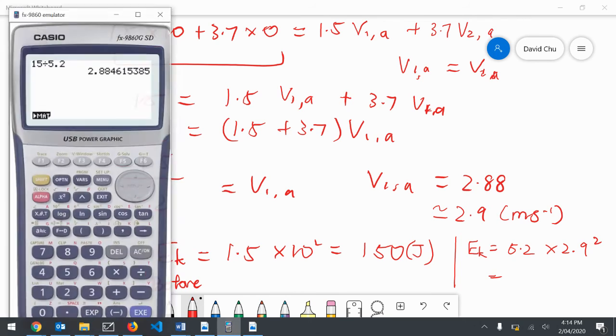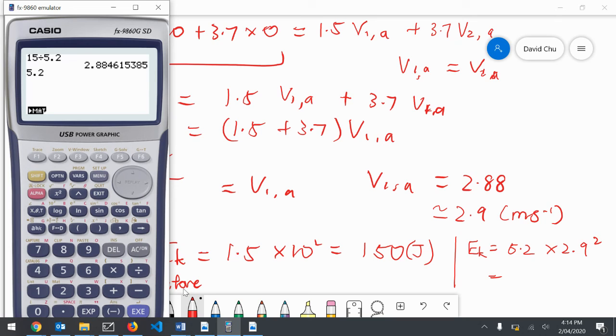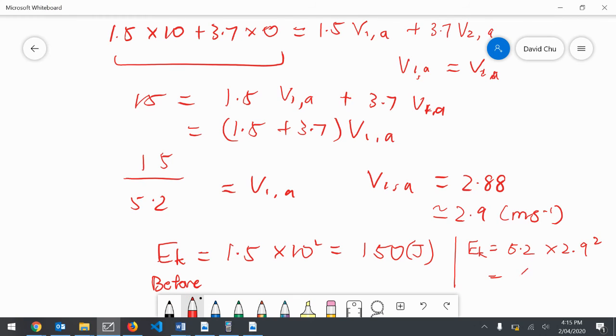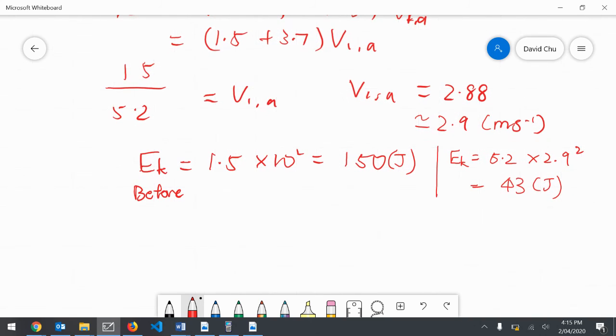So that's going to give me about 43 joules. So after the collision, since the two of them move together, we actually lost a fair amount of kinetic energy, generally due to heat. But momentum is conserved.